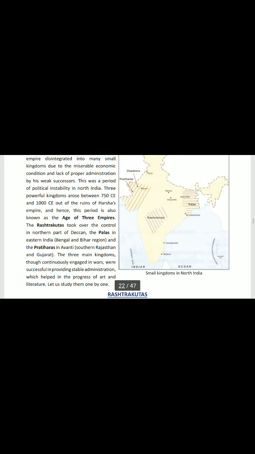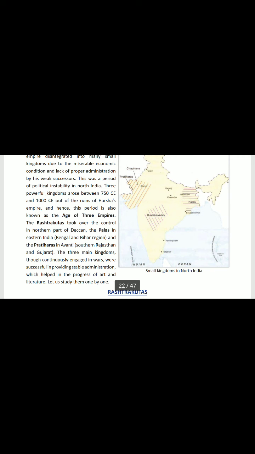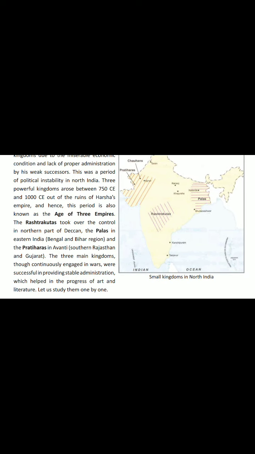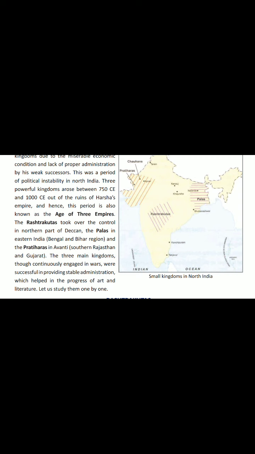So what happened after that? This was a period of political instability in North India. Three powerful kingdoms arose between 750 CE to 1000 CE out of the ruins of Harsha's empire, and hence this period is also known as the age of three empires.